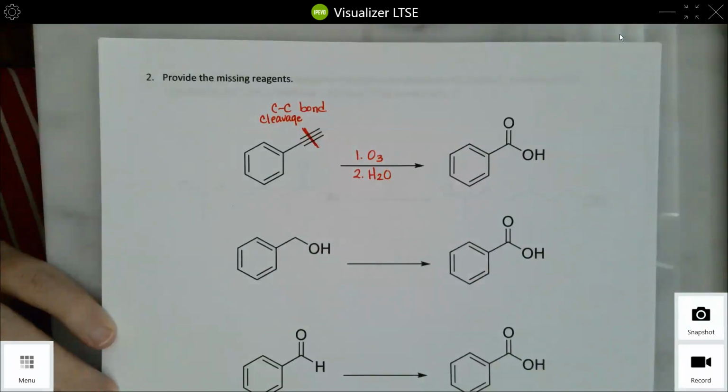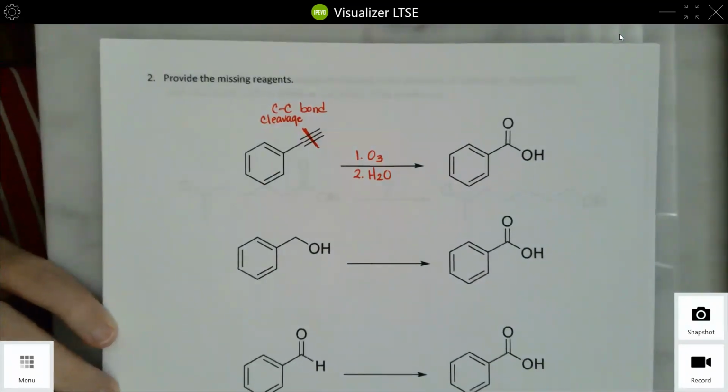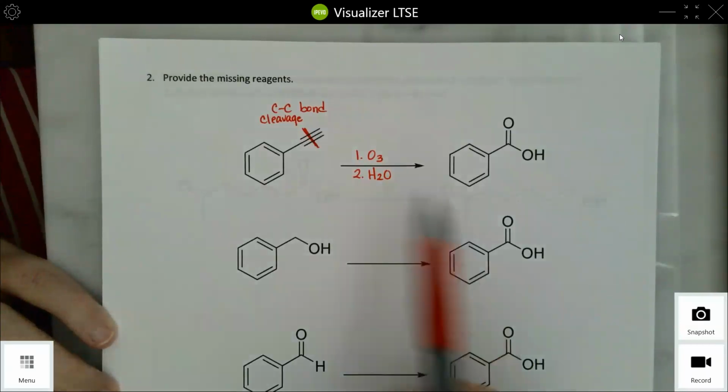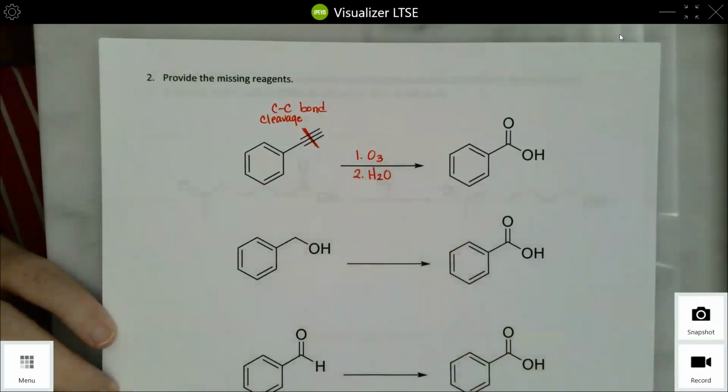If it was an alkene and we were making aldehydes or ketones, you would see a reducing agent as a second step, zinc or DMS, which stands for dimethyl sulfide. But for alkynes, we just need to do a regular aqueous workup.